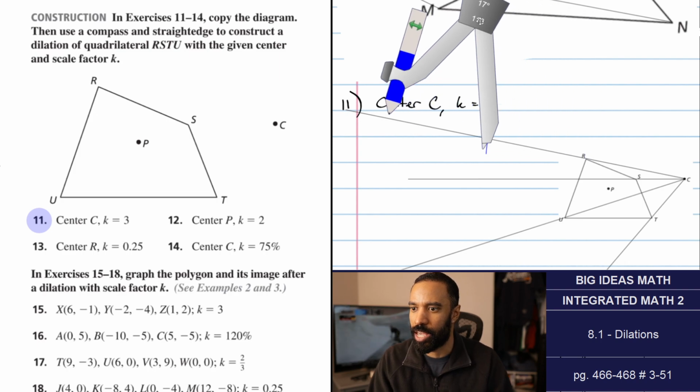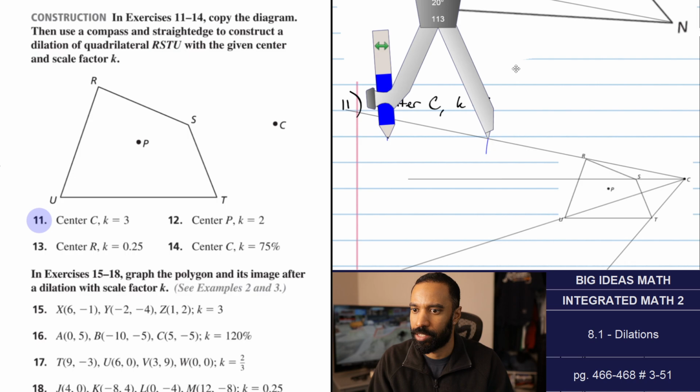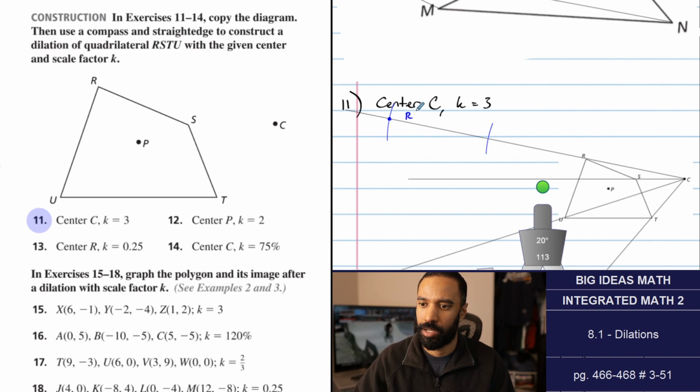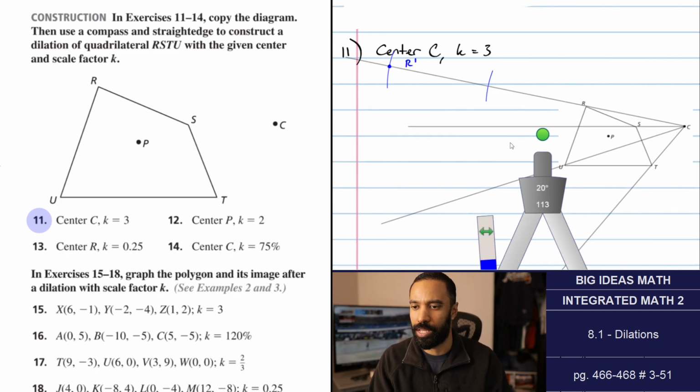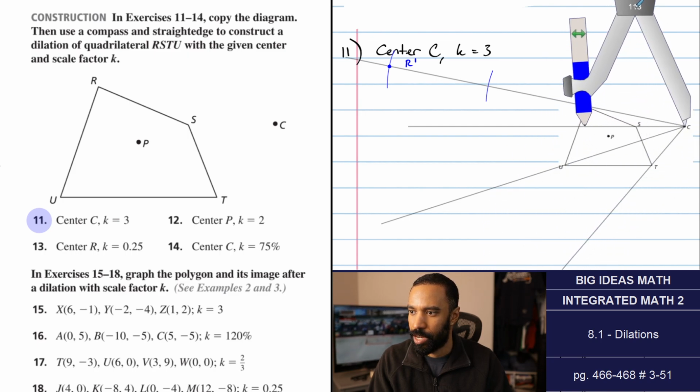There's 2 distances, and now 3 distances is going to look like that. Okay, so R prime is all the way out there, like that. 3 times farther out.